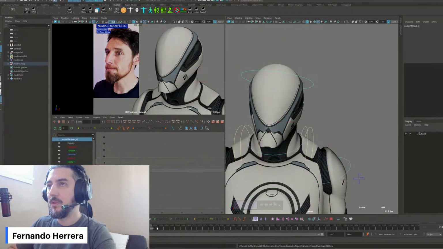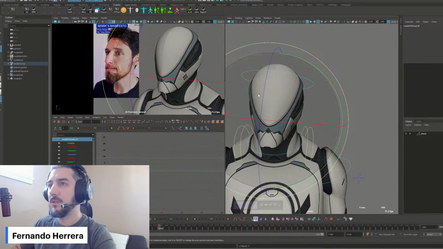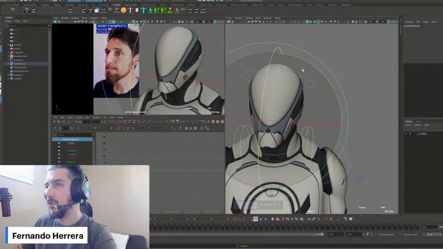So here I figured, okay, this is a very subtle motion. I'm going to space out my frames more because I don't need anything too precise there. I'm just going to change the angle slightly. Here he lifts it very slightly as well.